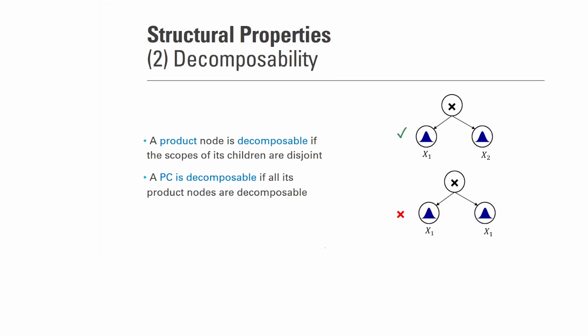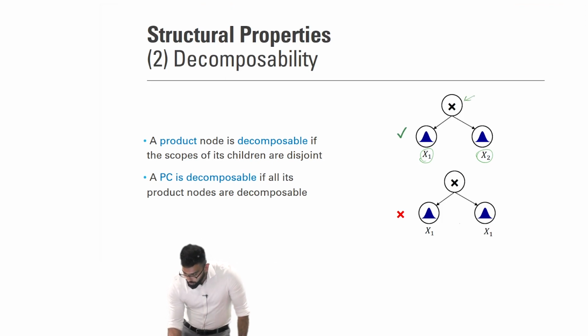So you need those subsets of variables to be disjoint. So if you have a product node here in the first example, you have x1 as the scope of the first child, x2 as the scope of the second child. They are disjoint, which means this product node is decomposable.